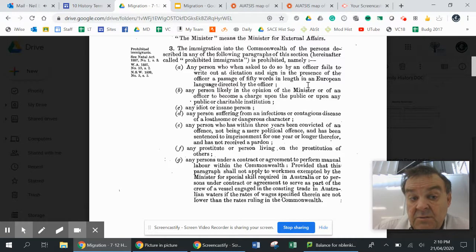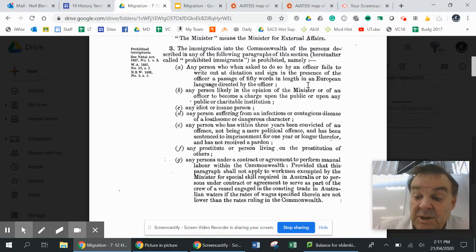So there was a Jewish political guy who knew quite a number of languages, and he kept passing the dictation test, kept passing. They didn't want him into Australia because of his politics at the time.